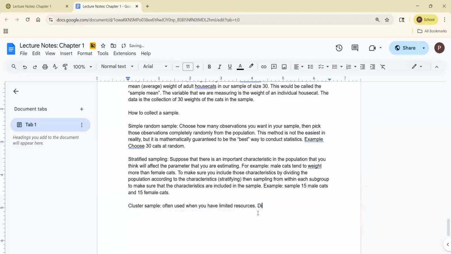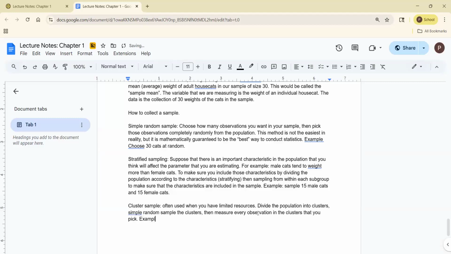Sorry, let me start over. Be a little more general. Divide the population into clusters. Simple random sample the clusters. Then measure every observation in the clusters that you pick.